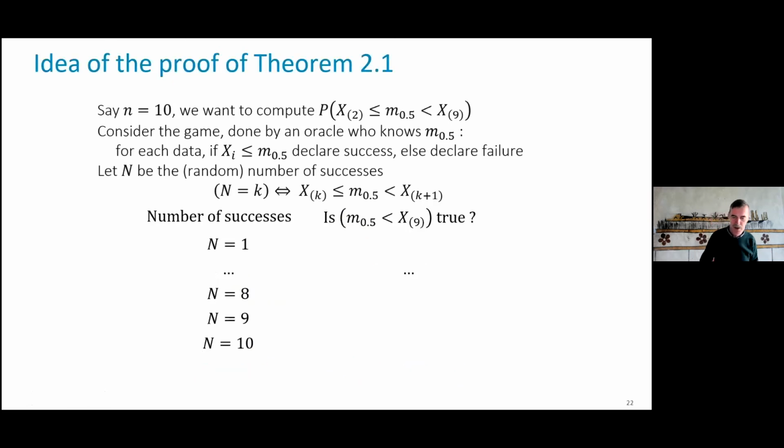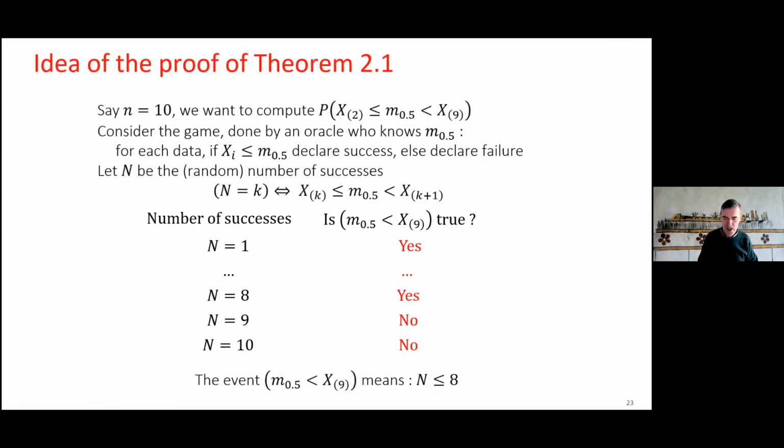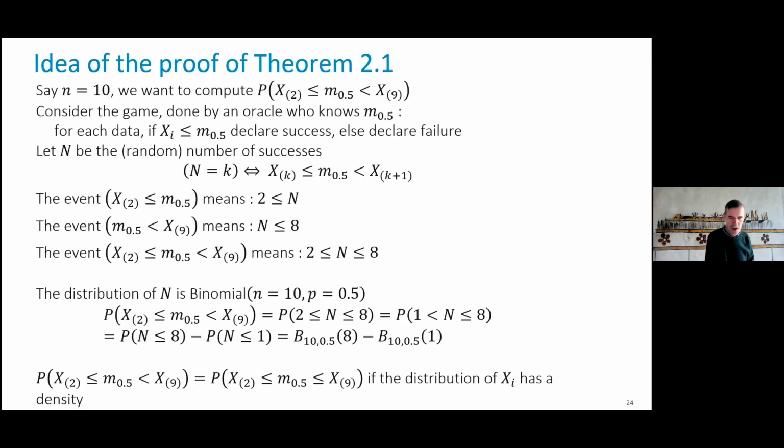We can do the same thing with 9 here. We will see that saying that we have 8 successes or less is exactly saying that the median is strictly less than the 9th value. Now, if the distribution has a PDF, a density, then, as you may know, if you have a continuous random variable with a density, the probability that it takes exactly a certain value is 0.